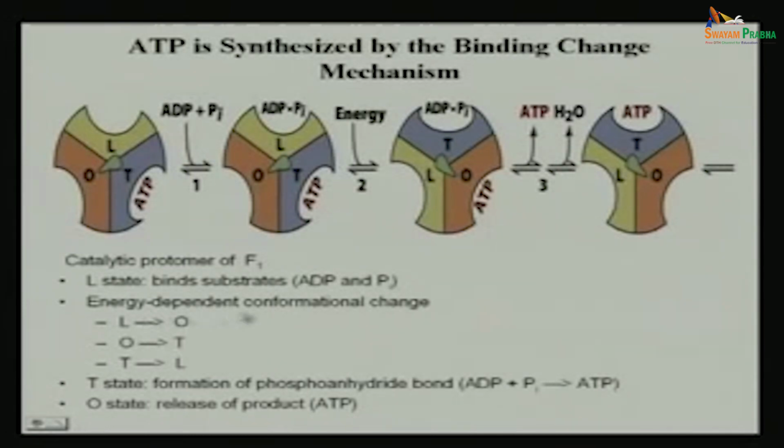So, when energy-dependent conformational changes take place, the L site becomes the O site, the O site becomes the T site, and the T site becomes the L site. This way it keeps changing its conformation, and in the T state, formation of phosphoanhydride bonds takes place, resulting in the formation of an ATP molecule.